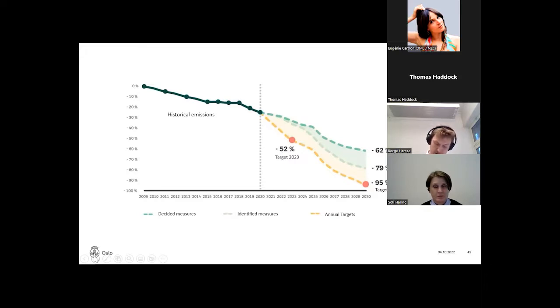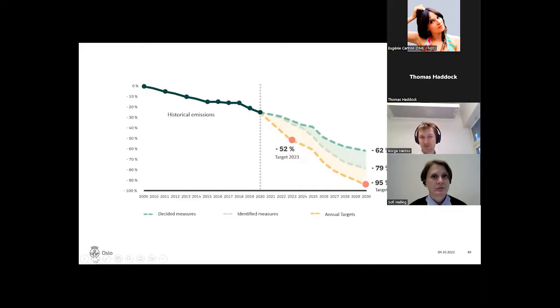And here it's worth mentioning that these types of projections and calculations are always challenging to make, and there's a high level of uncertainty. But doing this process on an annual basis shows us gradual progress towards our goal. And the gap from 62% down to 95% will next year, in practice, be the basis for next year's climate budget.